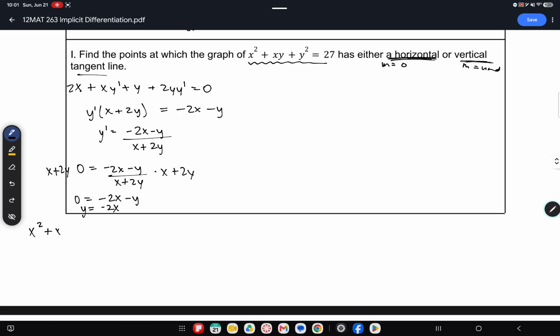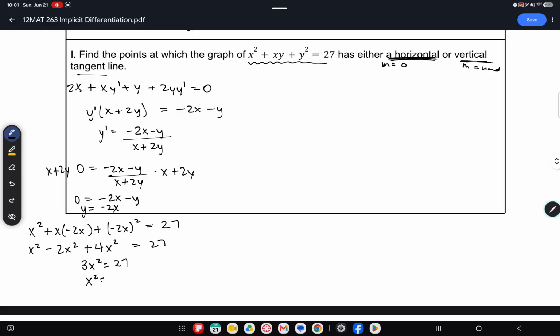So x squared plus x times y plus y squared equals 27. So I have x squared minus 2x squared plus 4x squared equals 27. So let's see, 1 minus 2 is negative 1, plus 4 is 3. So 3x squared equals 27.